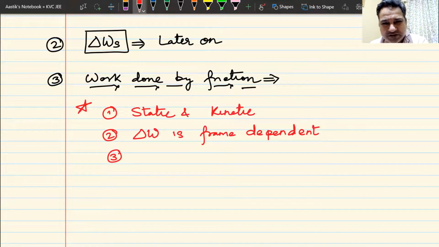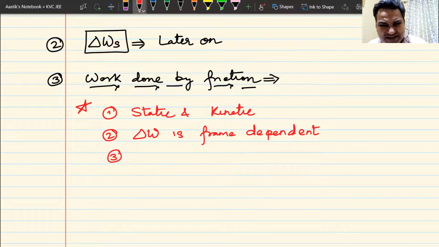You are contradicting yourself. 5 days ago, you told us, 10 days ago, you told us that kinetic friction is constant. Now, coming into the chapter of work by energy, you are saying that the kinetic friction is also variable. Remember, when I say constant, kinetic friction is constant in magnitude, but it varies in direction.